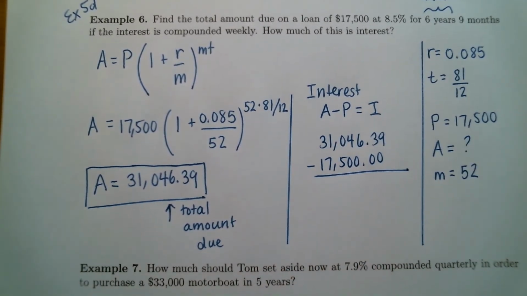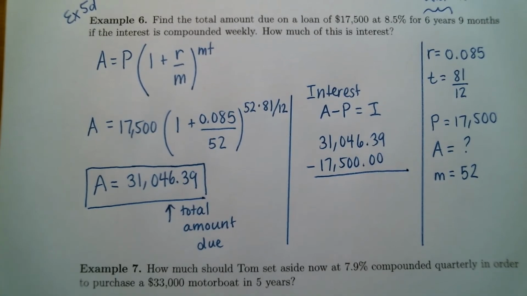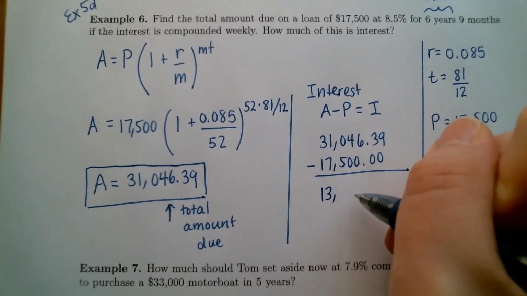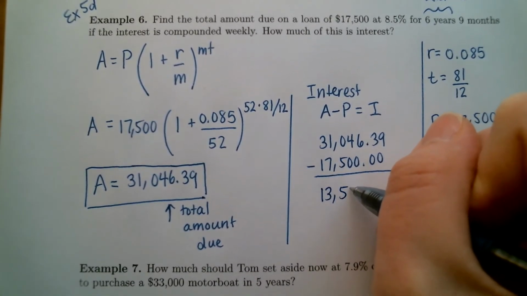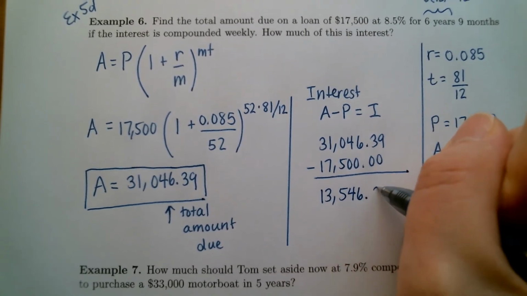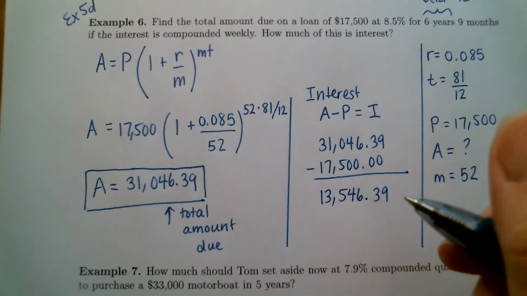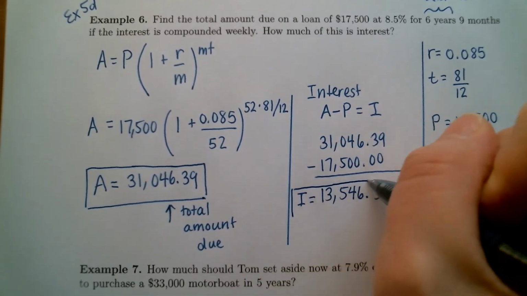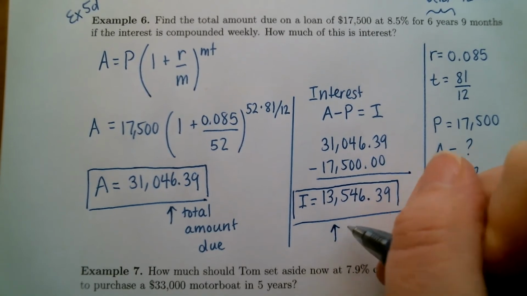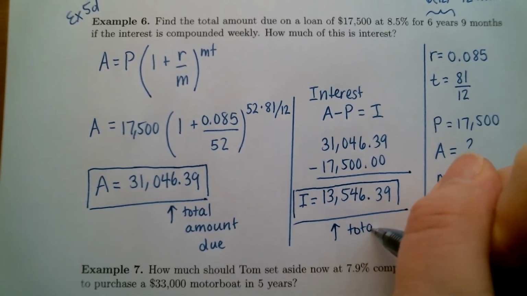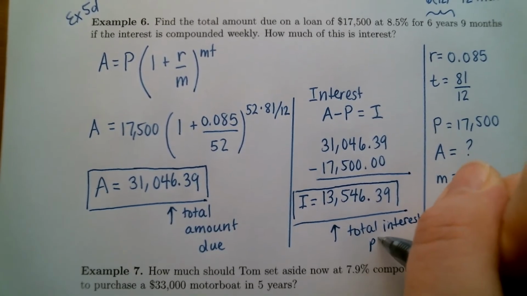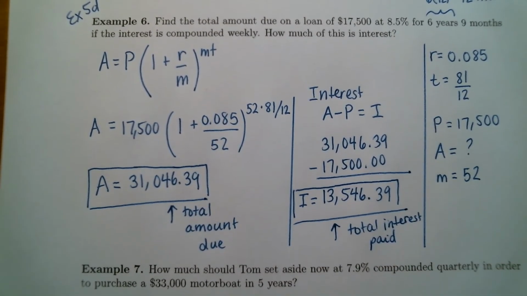If you just pop this into the calculator, you're going to get that the amount of interest is $13,546.39. That's a lot of interest. So there you go. I'll even write here, total interest paid. And that is how you do the first problem.